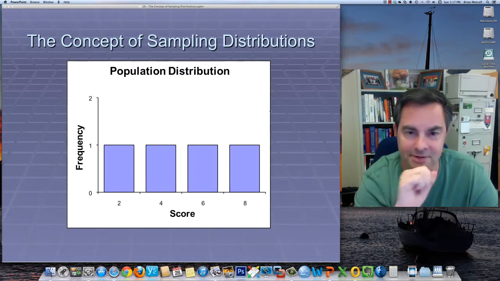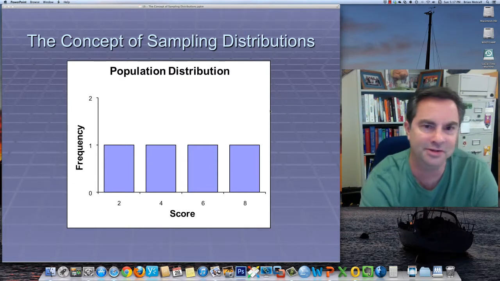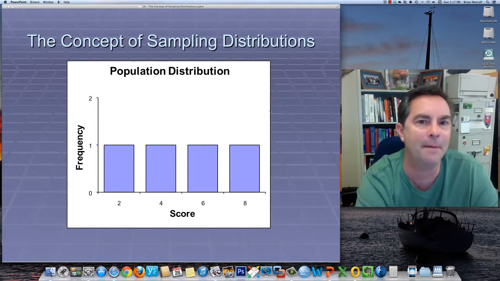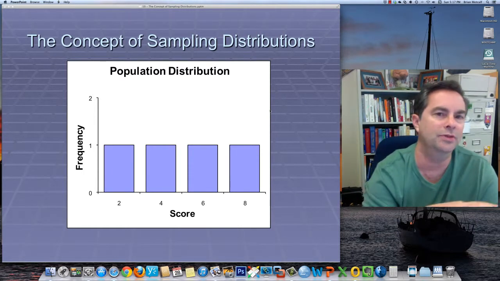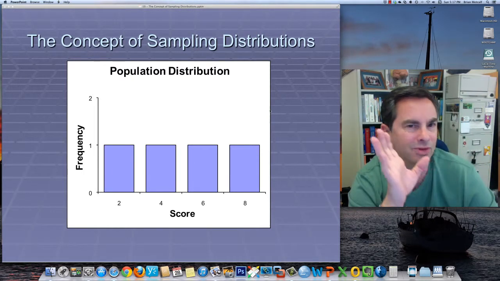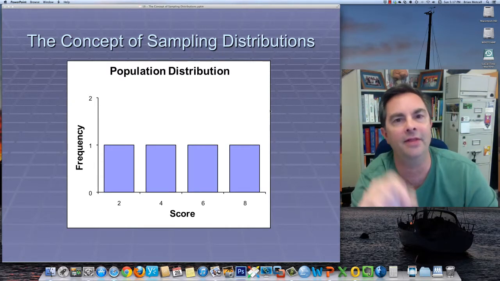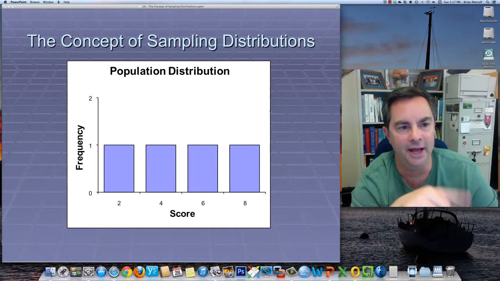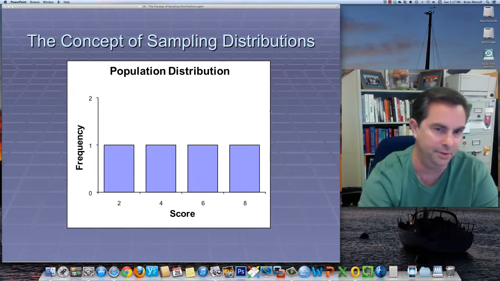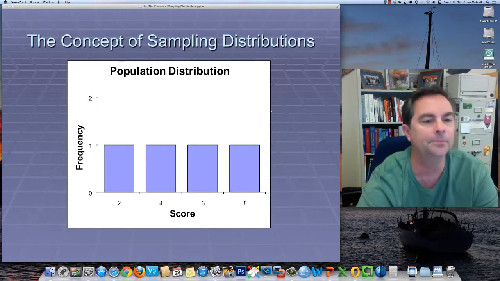That's an important concept I want to make here. So we're starting now not with some population variable that's normally distributed like we did with intelligence and all the things that we did with z-scores. To use the z-scores for individuals required that the population variable be normally distributed. Not the case here.